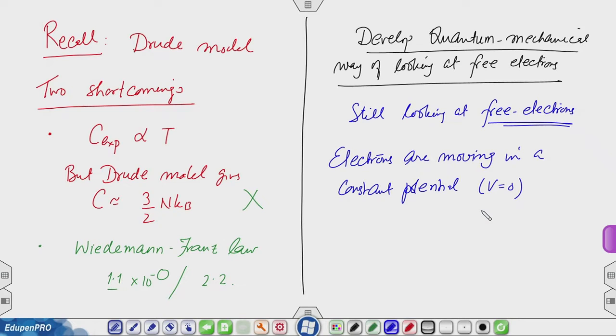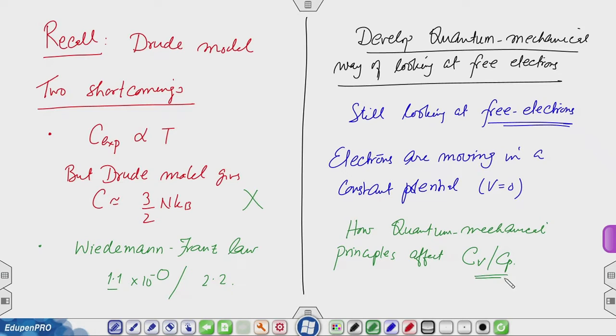So, let me start with how quantum mechanical principles affect Cv, Cp.